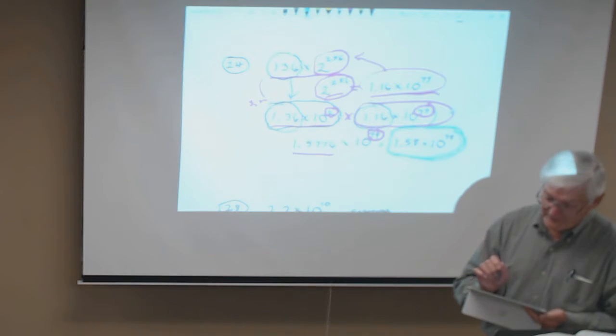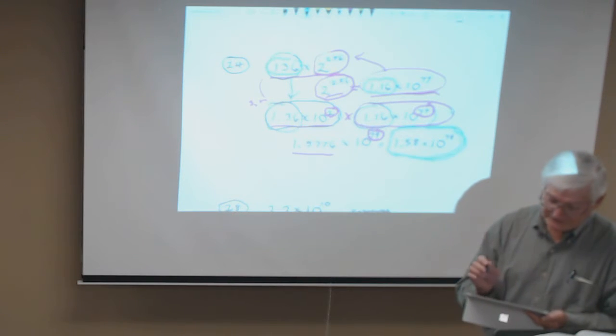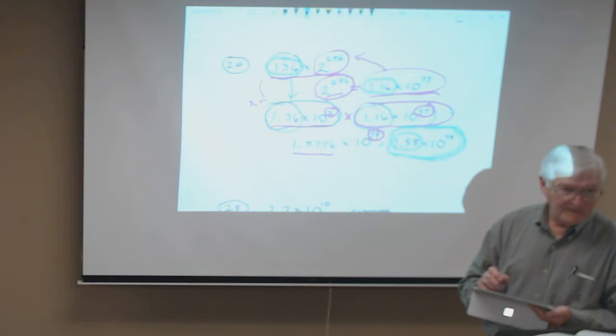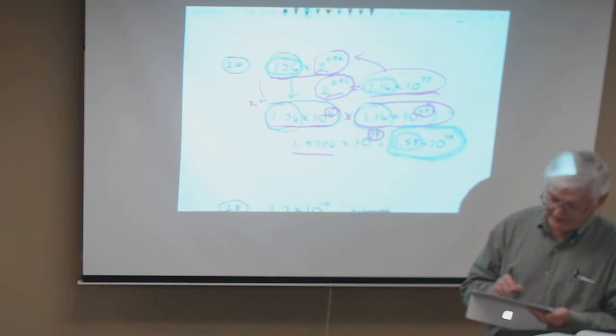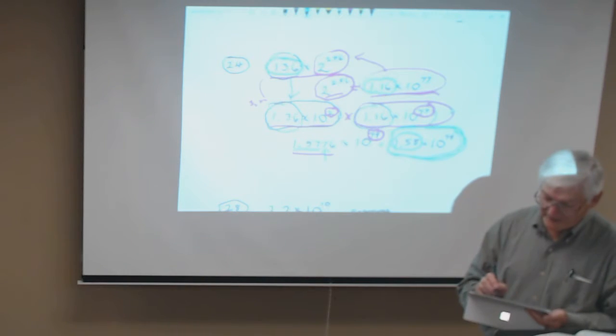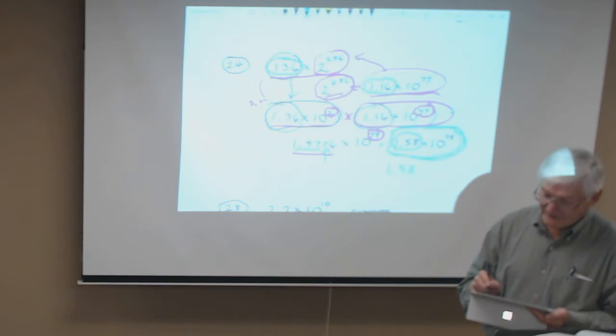So if this number has 3 significant digits, and this one has 3 significant digits, then that means I want 3 significant digits in my answer. So I would take 1.57, and because this is a 7, I would make it 1.58 times 10 to the 79.